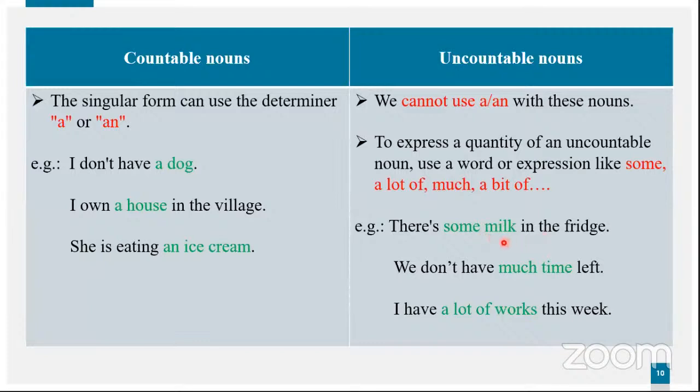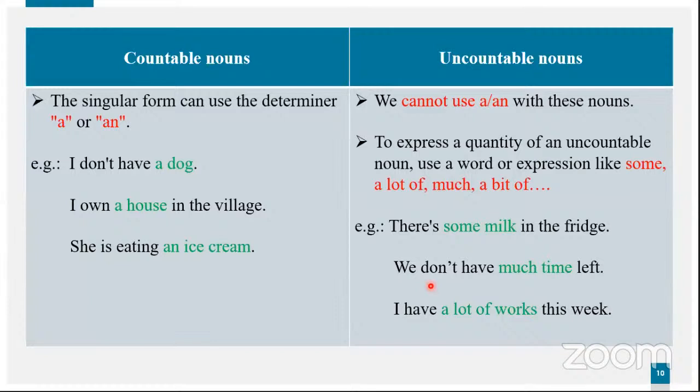That is the quantity of milk. ඒ තමයි තියෙන කිරි ප්‍රමාණය. ඒත් අපිට a milk, an milk කියන්න බෑ. We can't say 2 milk, 3 milk, right? We can say some milk, the quantity.